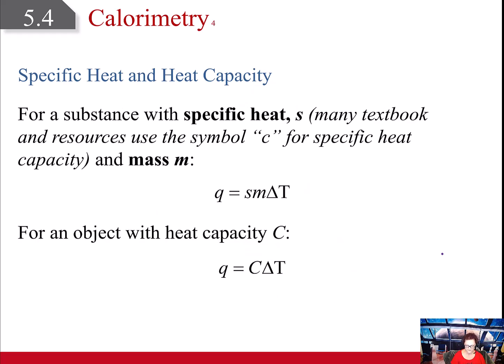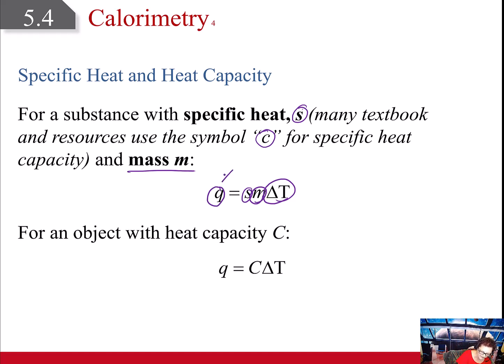So if a substance has a specific heat, and you don't memorize specific heats, they're in tables. A lot of them use lowercase c, and that's what I'm used to, so catch me if I do it, sorry. The specific heat capacity times mass times the change in temperature, then you can calculate the heat.